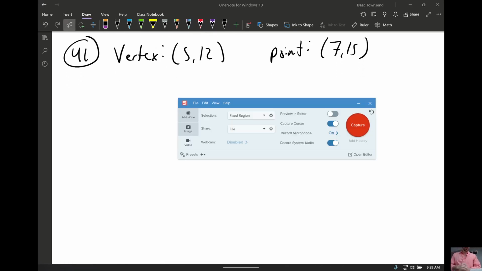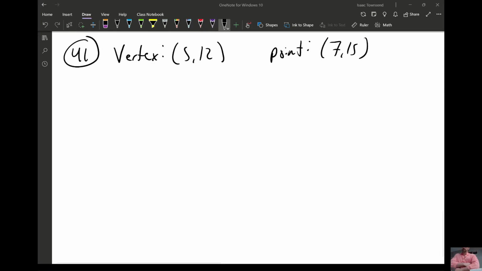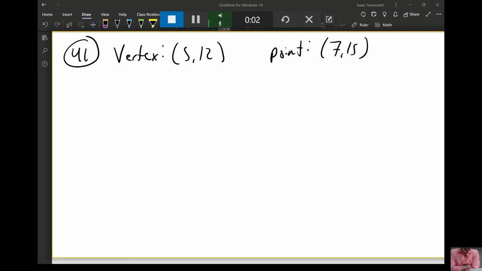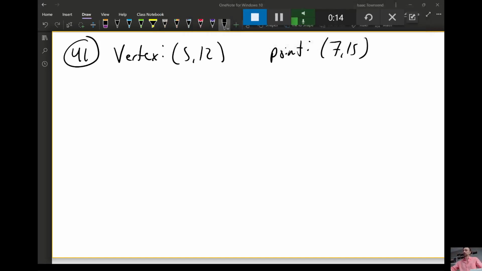Let's see, 41 gives us a vertex and a point, and asks us to write the standard form of the quadratic whose graph is a parabola with this vertex and passes through this point. On this one, it does say standard, but I believe, and you can correct me if I'm wrong, that what the book refers to as standard is actually vertex form.